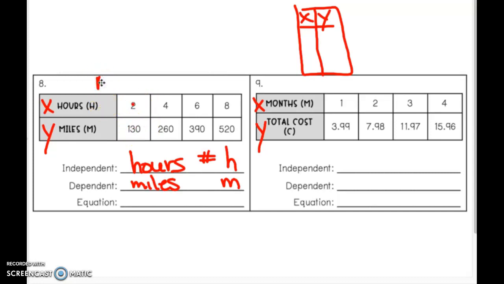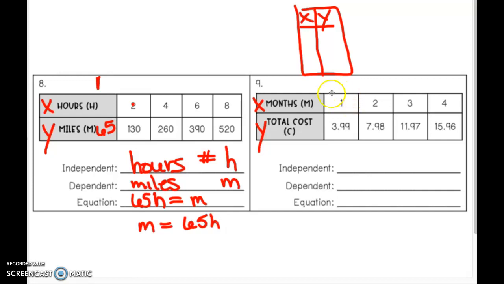And that will find out our constant. Half of 130 is 65. So it's going to be hours times 65 equals our miles. Okay? Or you could switch it around, say miles equals 65 times h. Remember, a letter next to a number means multiplication.